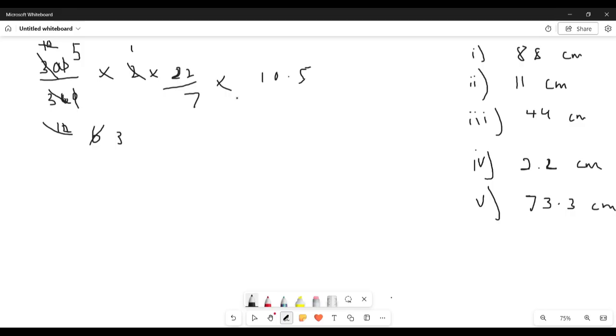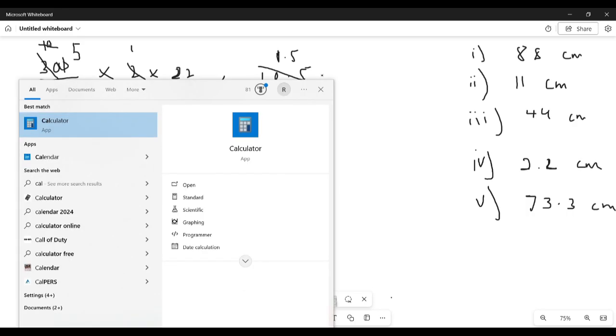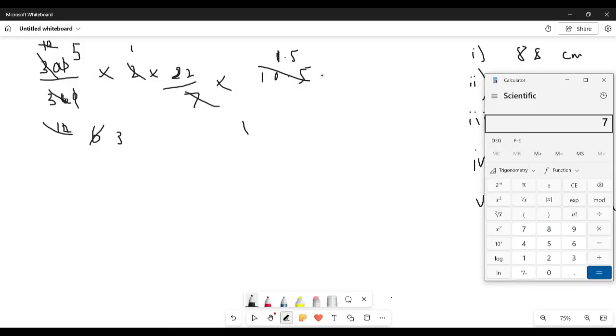You can cut these as well, 7 and 10.5, but for that you will need to know that 10.5 is actually 7 times 1.5. You can do it if you know the calculations properly, right? So if you still want to check, 7 times 1.5, yeah, it's 10.5.